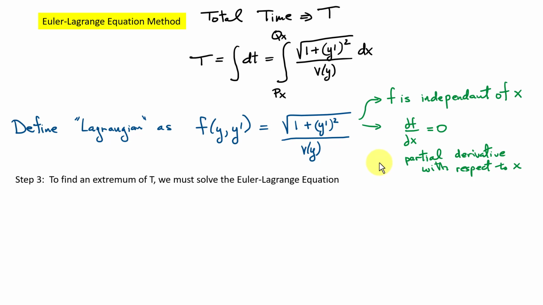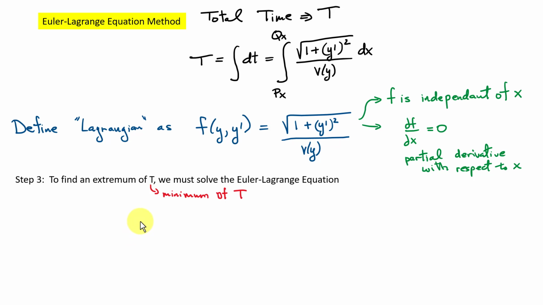Now, step 3 is basically applying the Euler-Lagrange equation. It says if we're looking for an extremum of this value t, which we are, we must solve the Euler-Lagrange equation. In our case, we're looking for a minimum of the time it takes to go from point P to point Q, so that is an extremum of t.